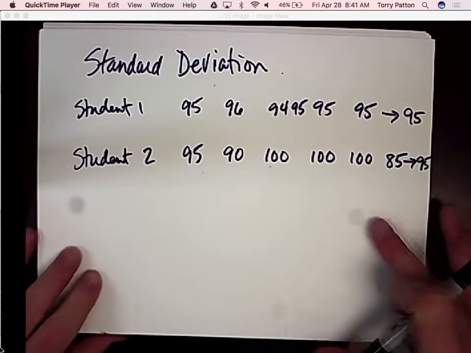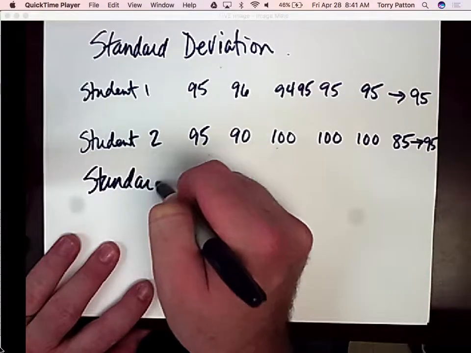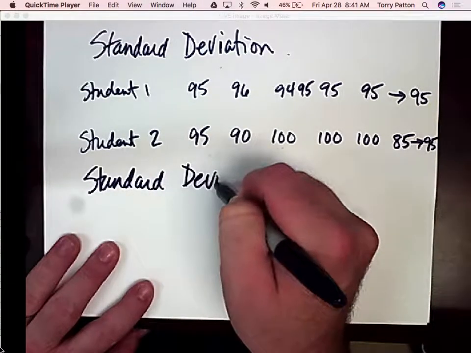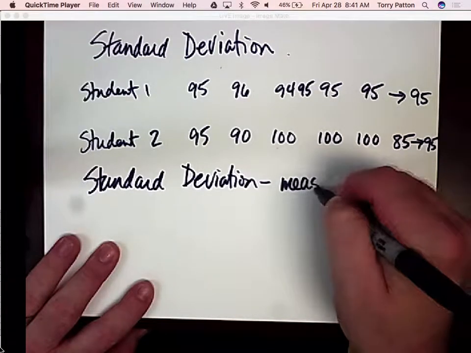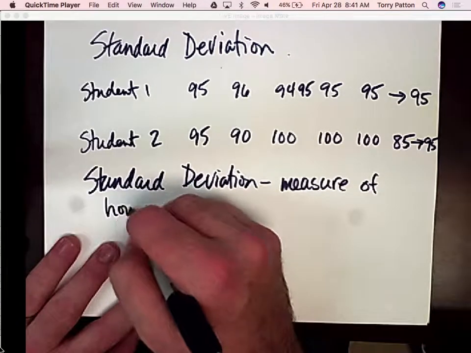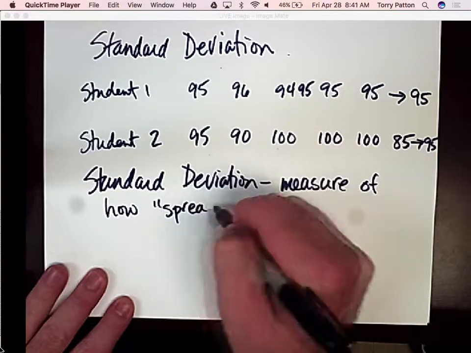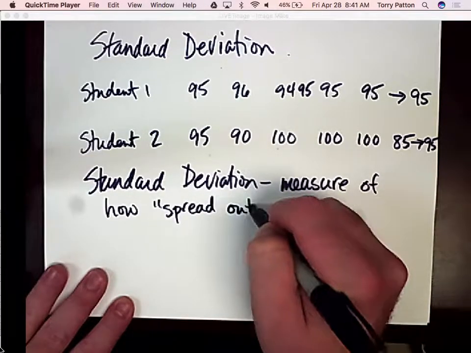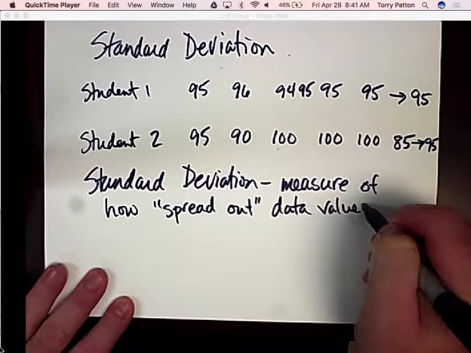So my definition is a measure of how spread out data values are.